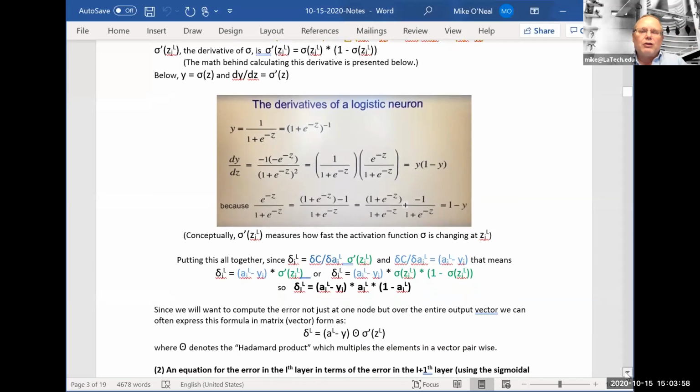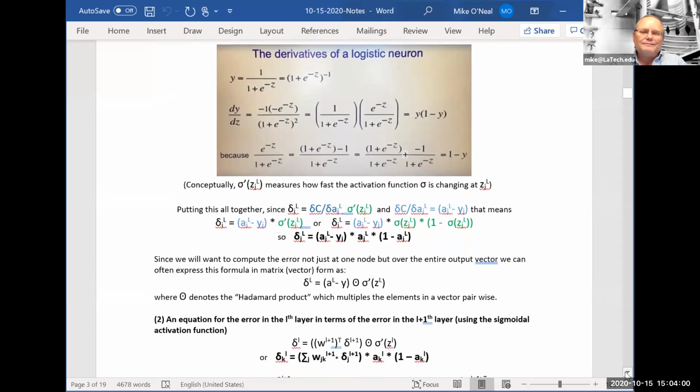So what about, well, one other little thing. I'm showing this for node J in level L, right? And normally, the way we use this in our program, we're going to loop through each of the nodes in that level to compute this.